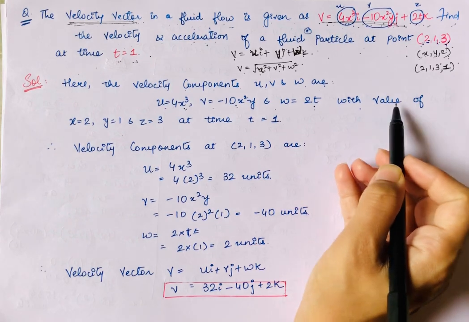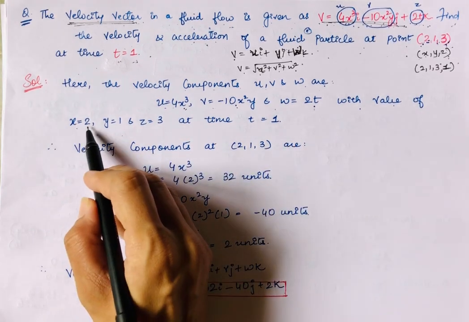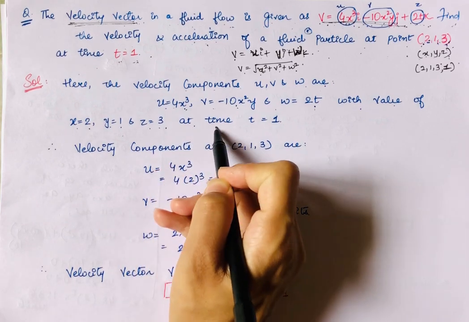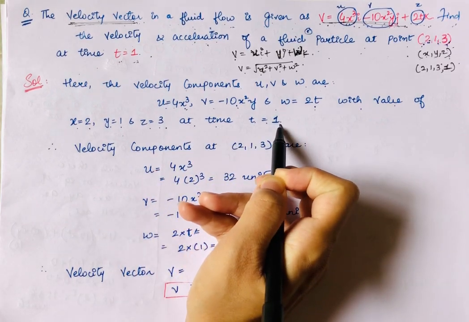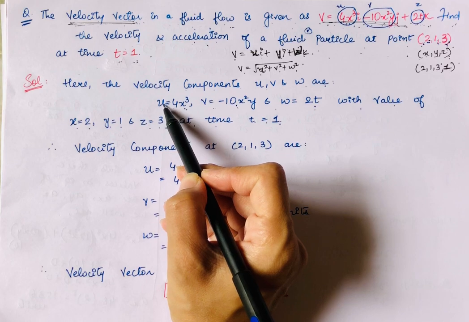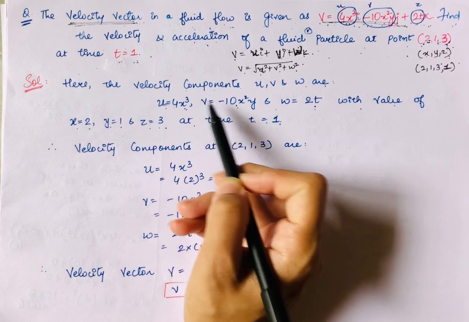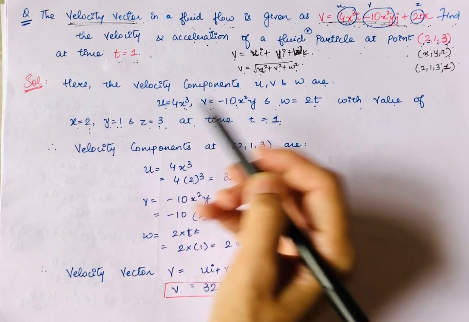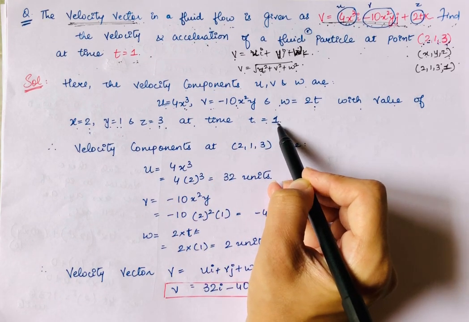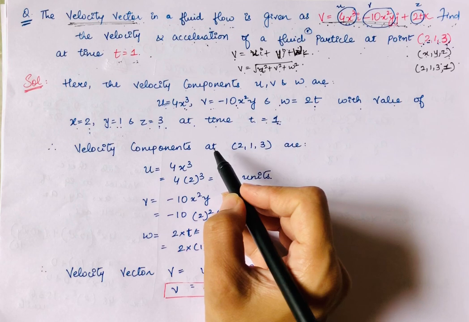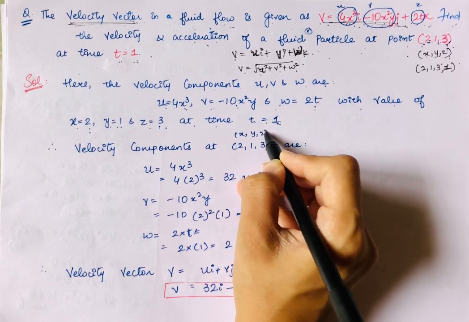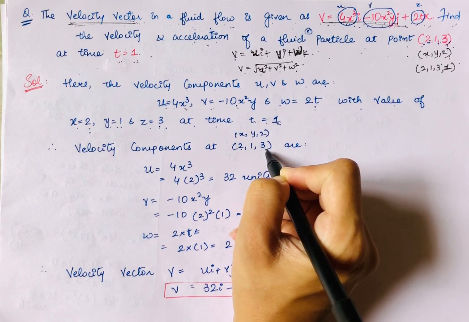Okay, with x = 2, y = 1 and z = 3 at time t = 1. So we have the values of velocity components u, v, w in x, y and z direction along with time t = 1. Okay, so the coordinates x, y, z are 2, 1, 3 respectively.